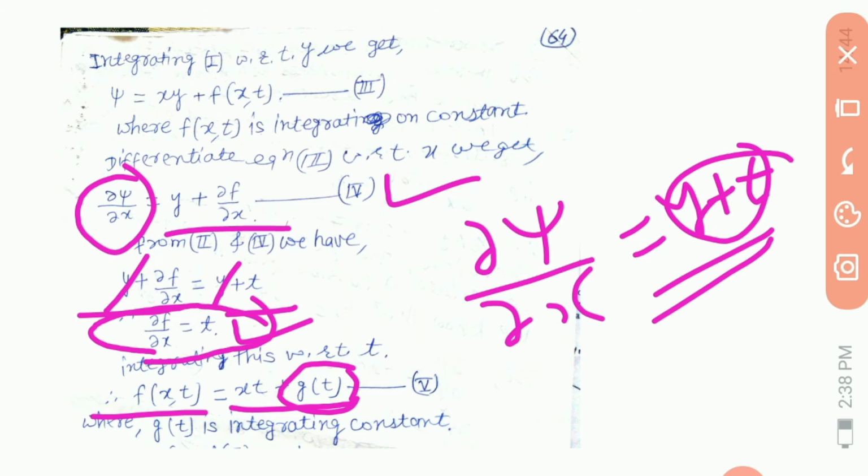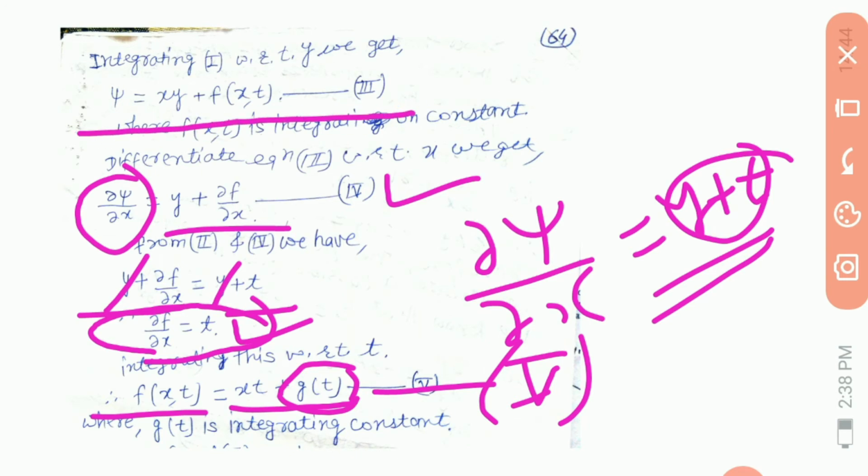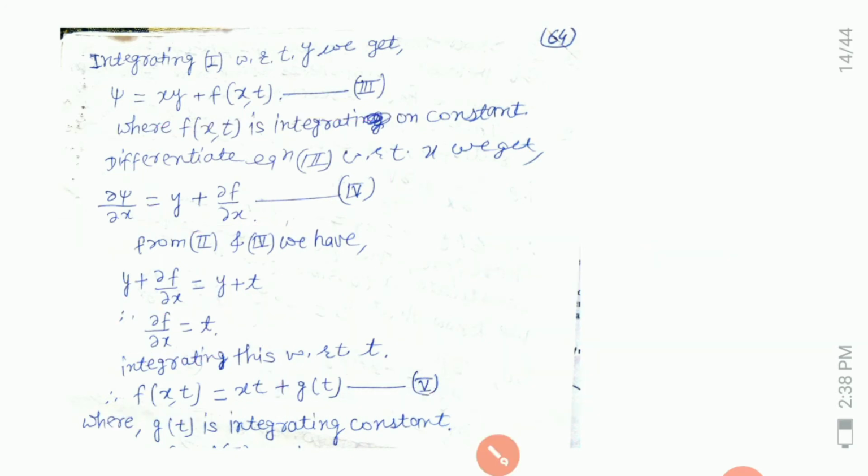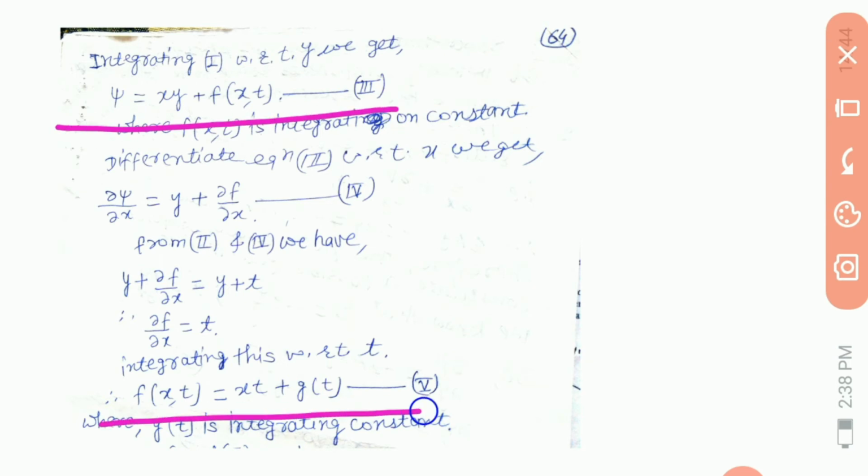From equation third and fifth, what is third equation? Equation third is this, and this is equation fifth.